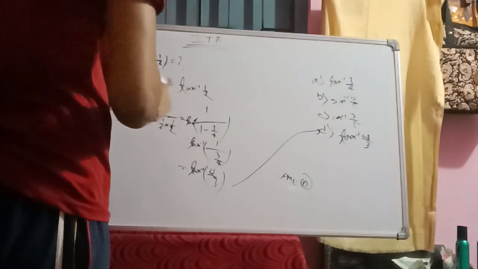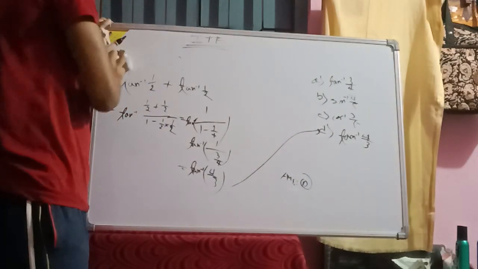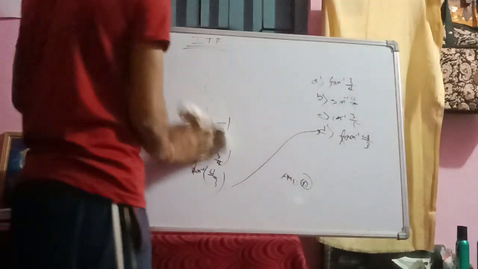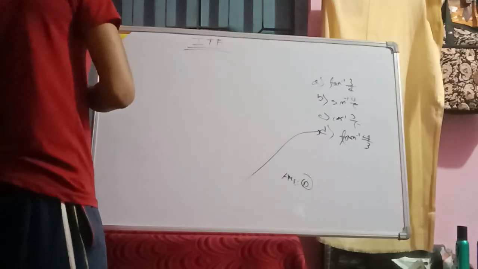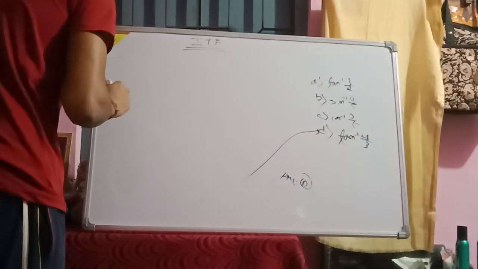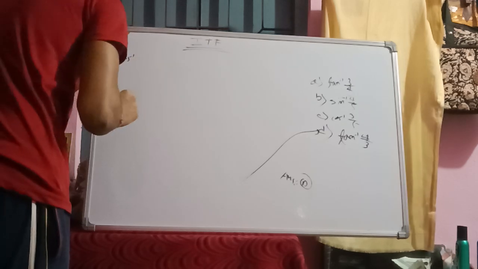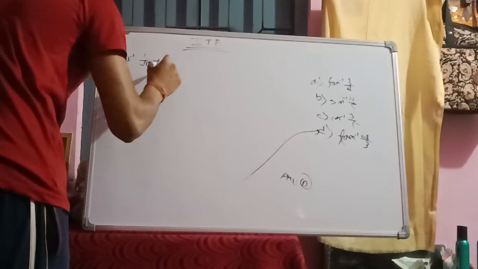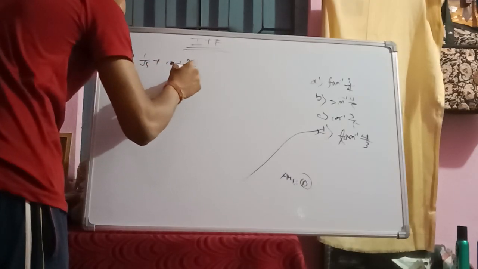Okay, now I would approach a bit more difficult question. Let's try solving this one. It says cos inverse of 1 over root 5 plus cos inverse of 2 over root 5.